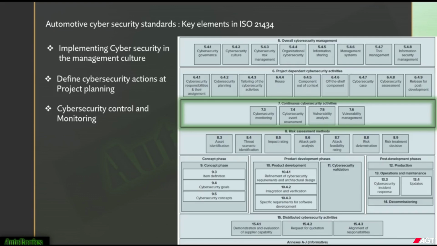Let's talk about cybersecurity event management. This process determines a cybersecurity event's level of impact and appropriate responses. A cybersecurity event needs to be analyzed to determine if the event affects an item or component based on vulnerability analysis. So it is having an interdependency, like I mentioned.